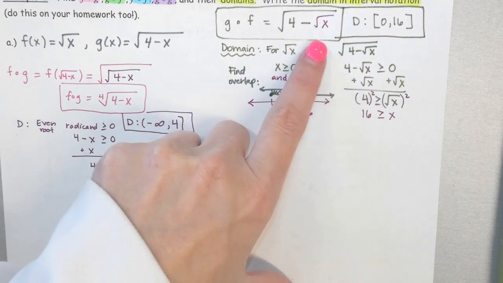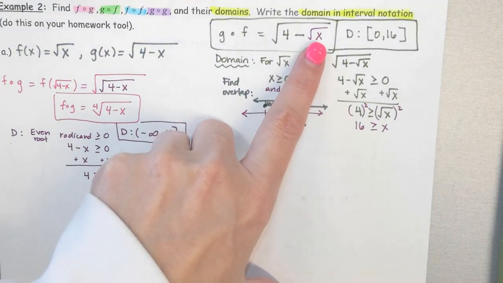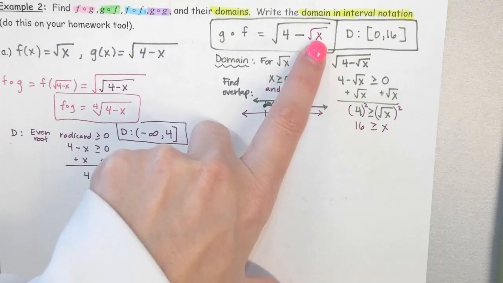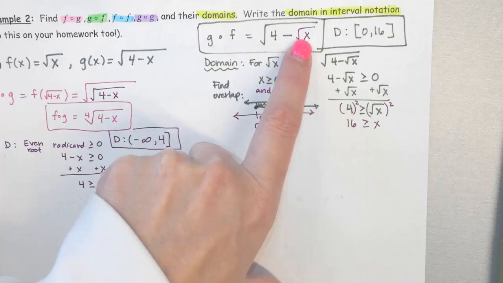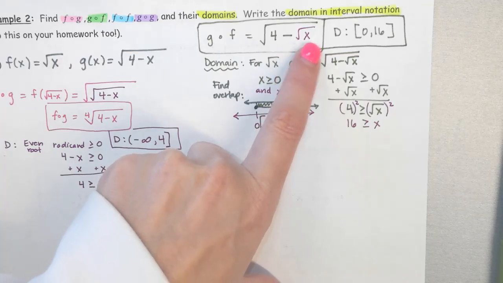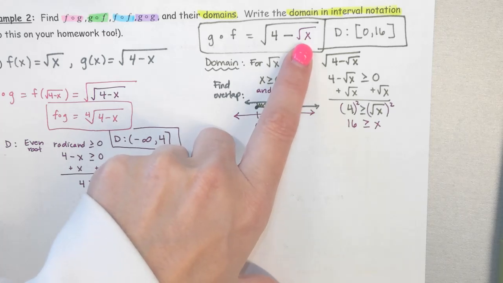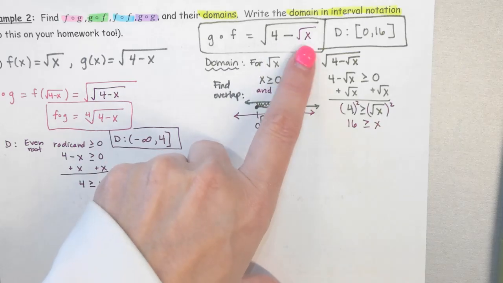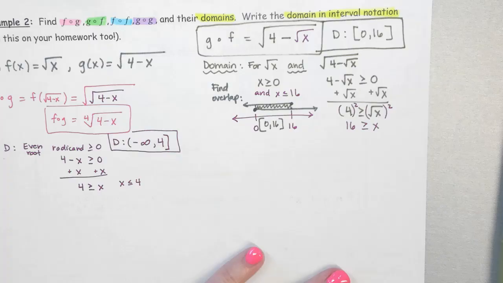Anything larger than that is going to give you a negative underneath the radical, and that would be a problem. If I went less than 0, like -1, you can't take the square root, you'd have imaginary numbers. If I went higher than 16, I'd probably do 25, so it's nice and beautiful. But the square root of 25 would be 5, 4 minus 5 would be a negative. You wouldn't have a real answer there.